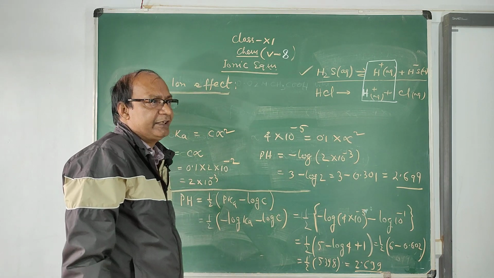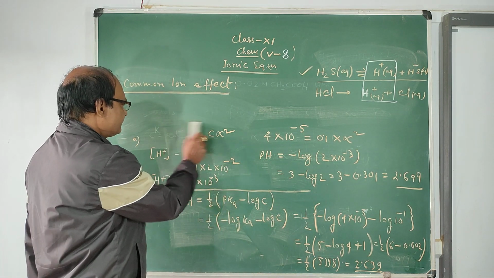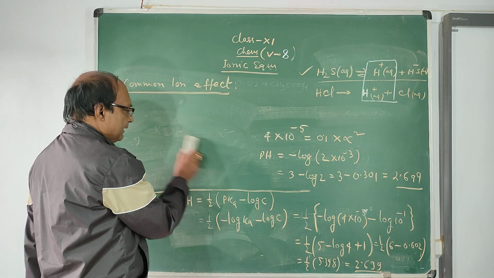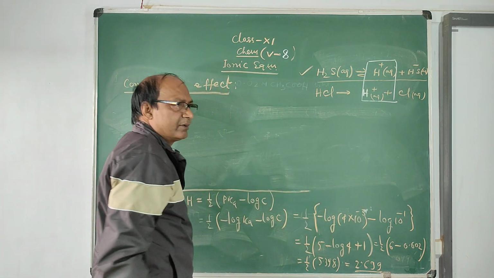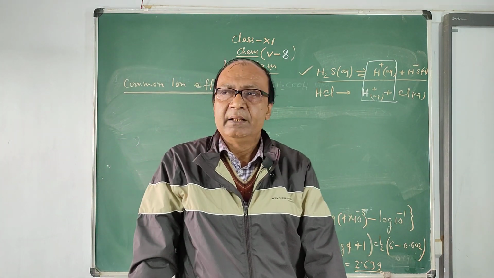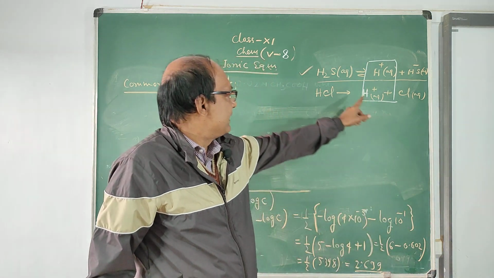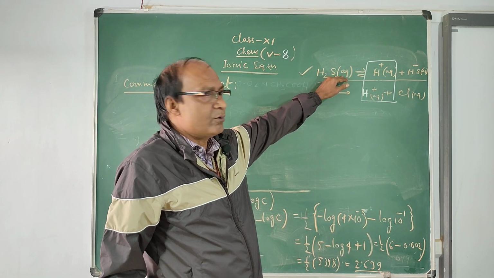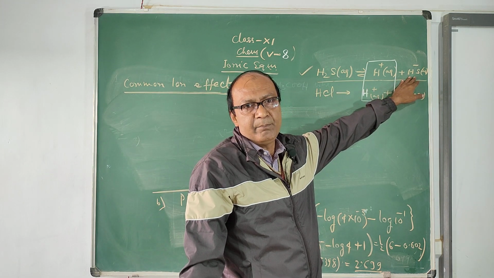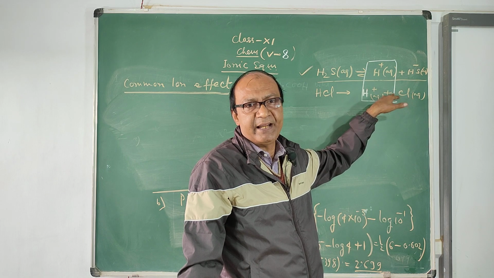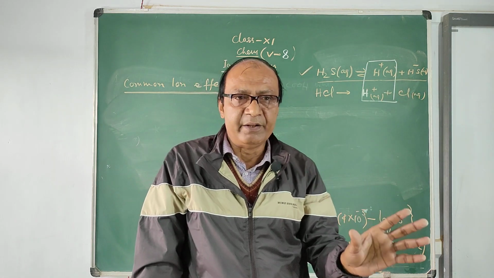Now you have understood what common ion effect is. It is very important in chemistry. Because of common ion effect, the strength of acid decreases and the concentration of the ions decreases. As in this case, H2S in aqueous medium has a particular concentration of HS-. But whenever you add HCl to it, the concentration of hydrogen sulfide ion will be reduced.